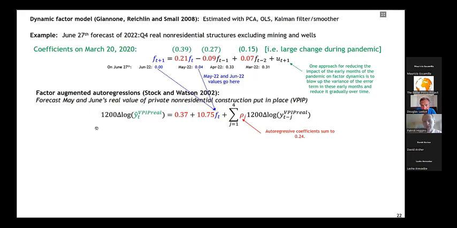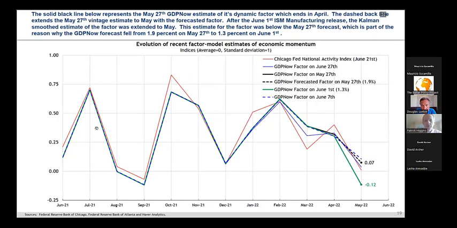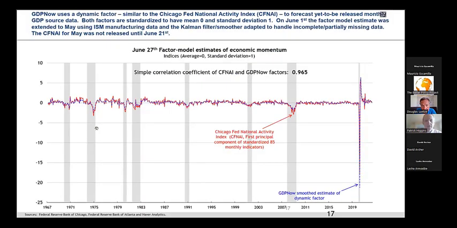And now they sum up to something like 0.2, and there's actually a negative sign here. That's essentially because it was never the case before in these recessions. You never had this gigantic decline followed a month later by a gigantic increase like you did during the pandemic. There hadn't been any on record before.